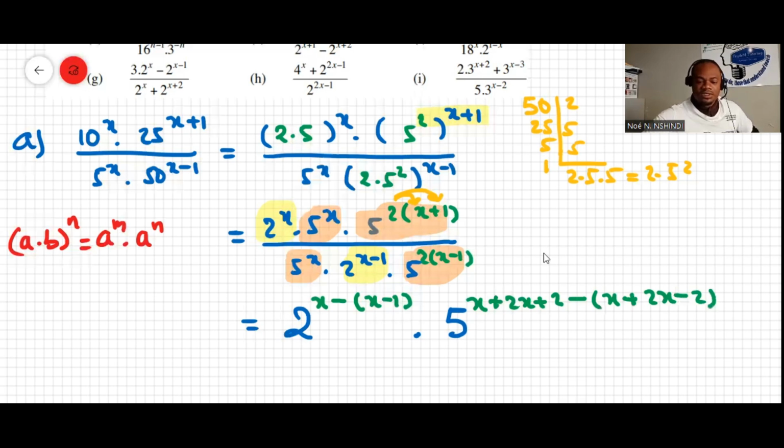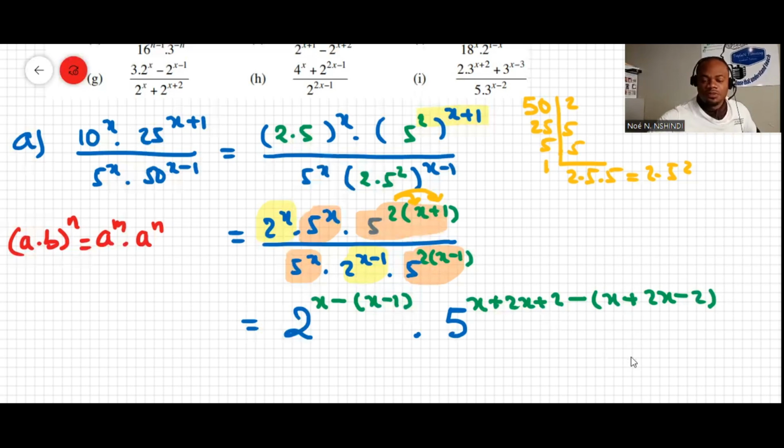So this is x is there, plus 2x plus 1, I expand this, minus the exponent at the denominator, so x here, minus, open bracket x, plus 2x minus 2.